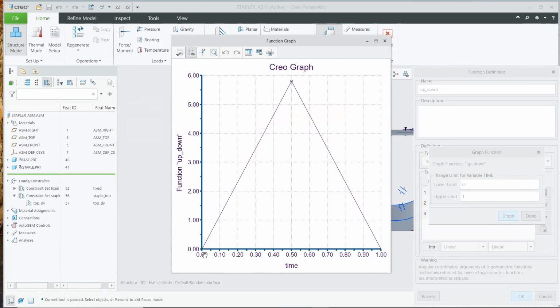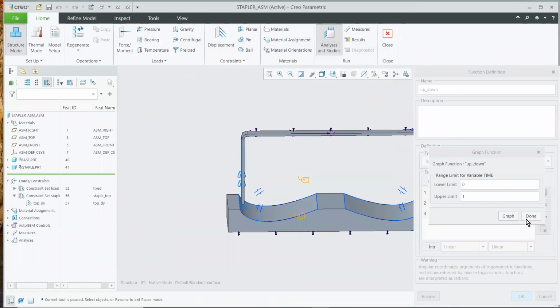So basically it's starting where it is. It's going to go down this distance, which is 5.8 millimeters, and then it's going to go back to where it started, right? And this is over the period of time that we're running this. A linear representation is certainly an accurate way of doing that. So it's just going to move to a certain point, and it's going to move back to where it started. And that's all that's showing.